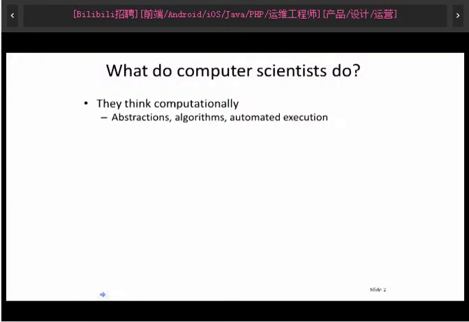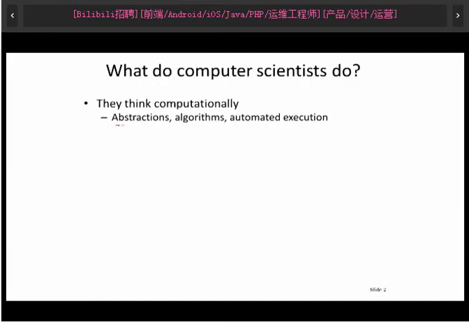And of course, related to that is the notion of automated execution, that we can pass off to a special machine, an evaluator, the job of actually running through that sequence of steps once we've laid them out. So we've got abstractions, we've got algorithms, we've got automated execution. Computer scientists approach problems with that in mind.